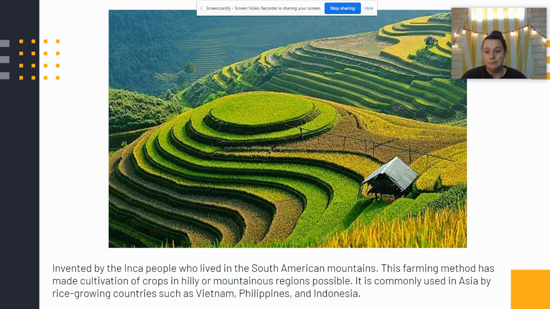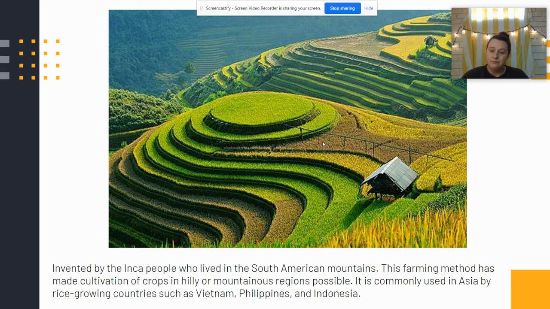And so, this human innovation, to dig these terraces and to cultivate crops on the sides of mountains, is an example of possibilism, right? So the natural environment, elevation and landforms, did not inhibit the people in South America from coming up with a way to cultivate their crops, right?